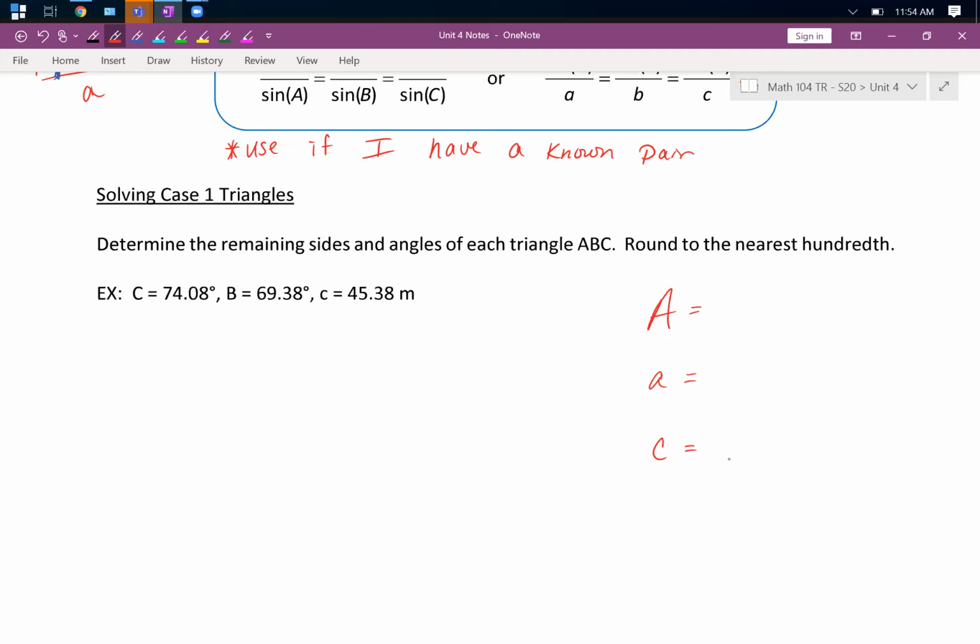So how are you going to find that? Add 74.08 degrees and 69.38 degrees, and then subtract that total from 180. Perfect. So that'll leave us with 36.54 degrees.